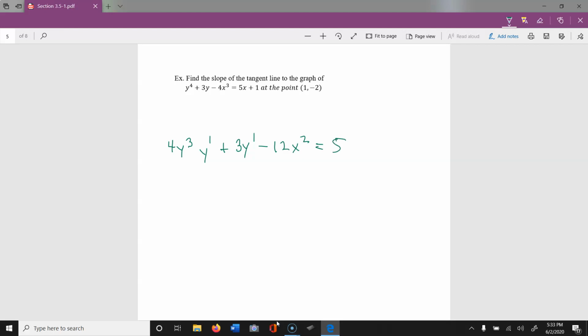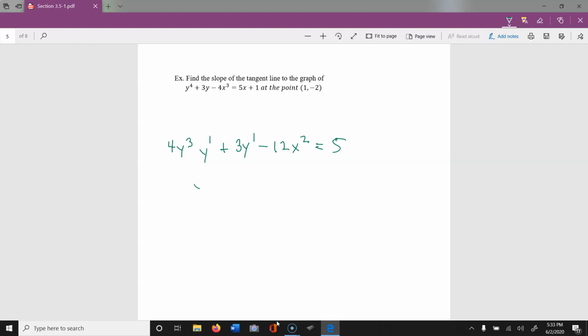Okay, there's the calculus, there's the derivative right there. Now what you could do from here, if you want, you could go ahead and just solve for y prime. Or if you want, we can take the 1 and the negative 2 and make your substitution. Okay, it's really entirely up to you. Okay, I'll go ahead and solve for y prime, I guess.